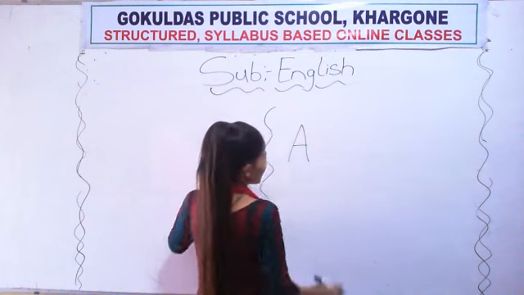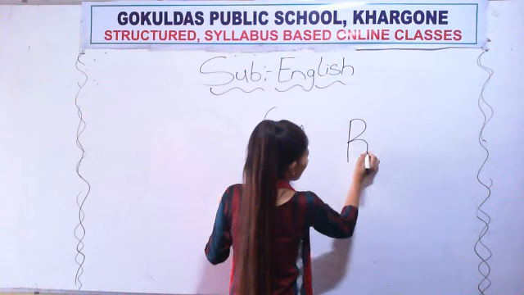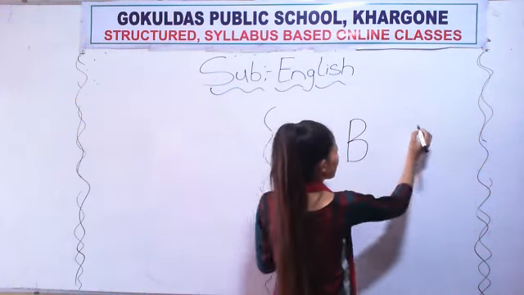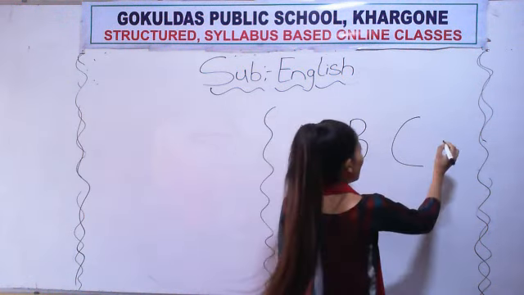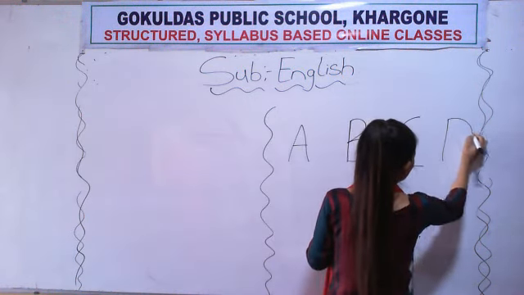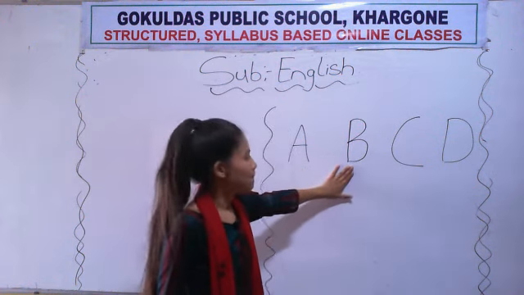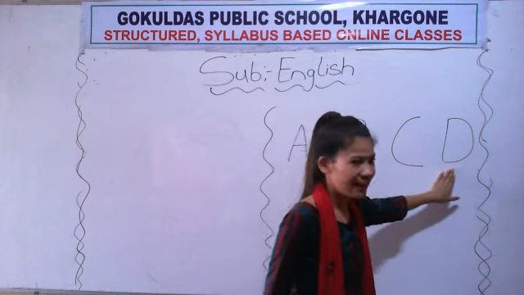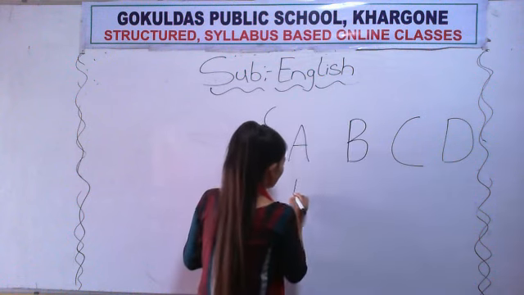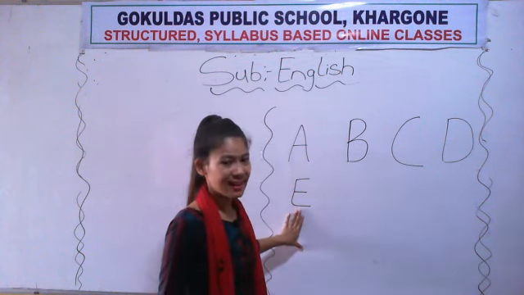Which letter is this? A. B. C. And D. A, B, C, D. And E. Which letter is this?